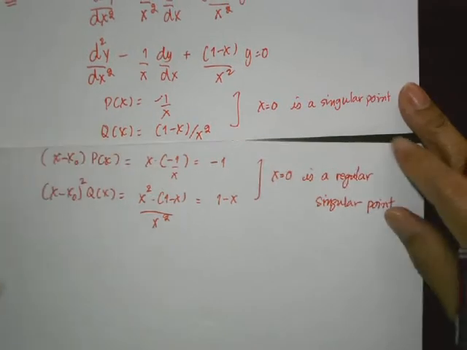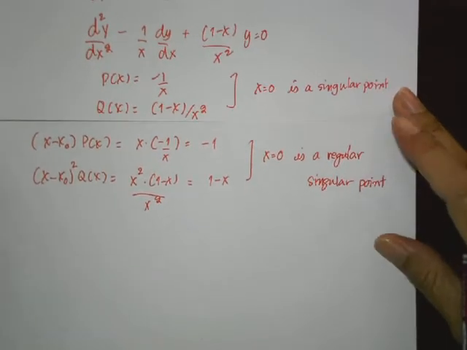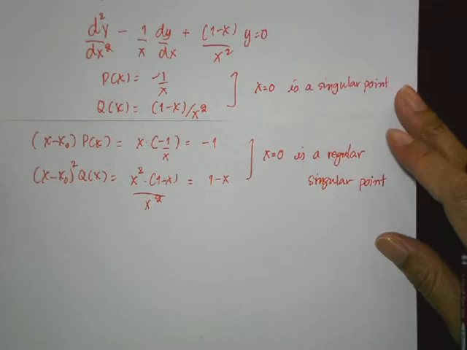By these two criteria, we can say that x equal to 0 is a regular singular point. In that case, we are going to find r.